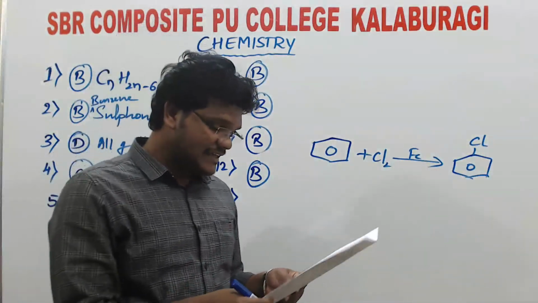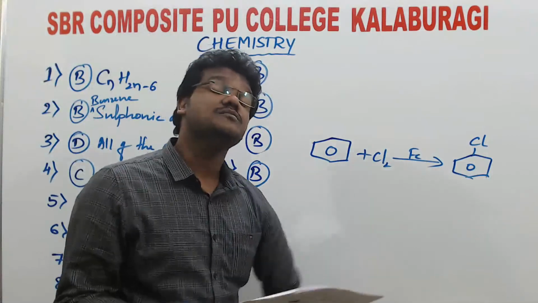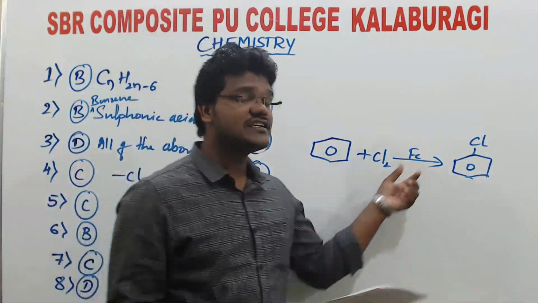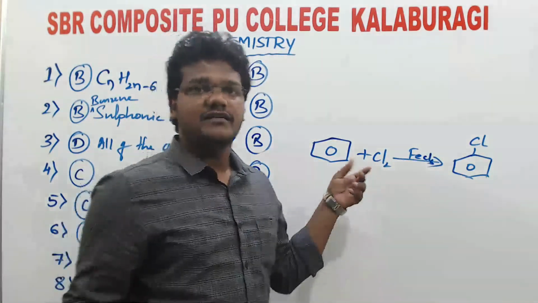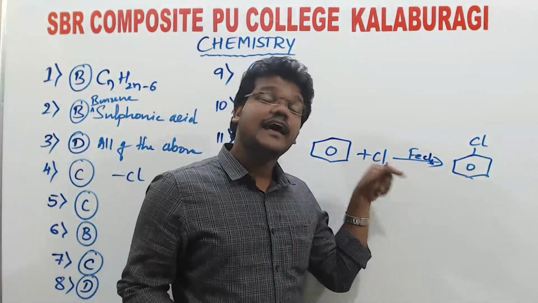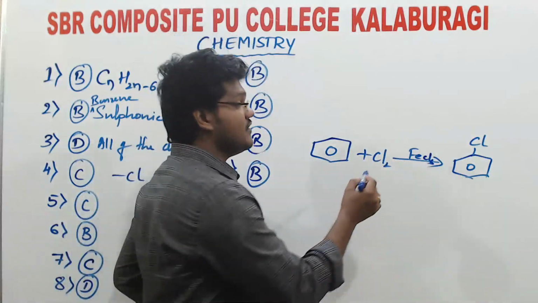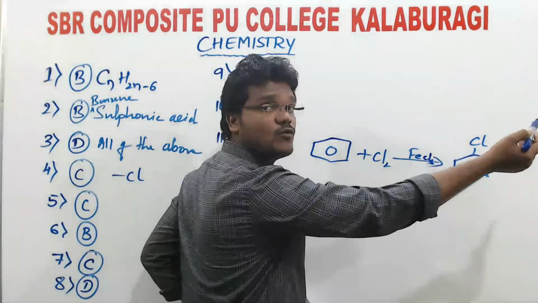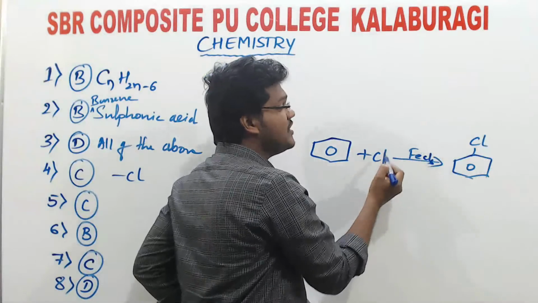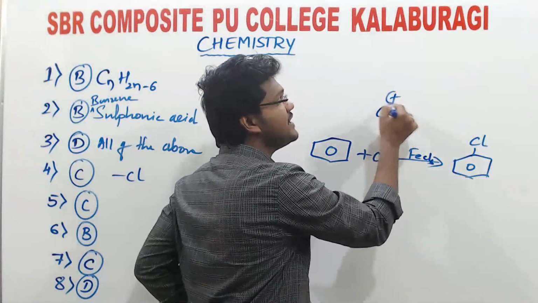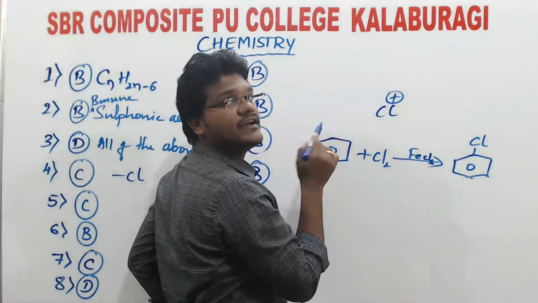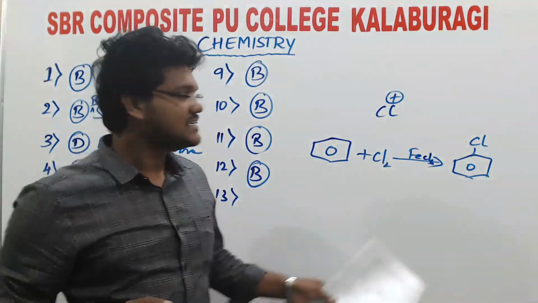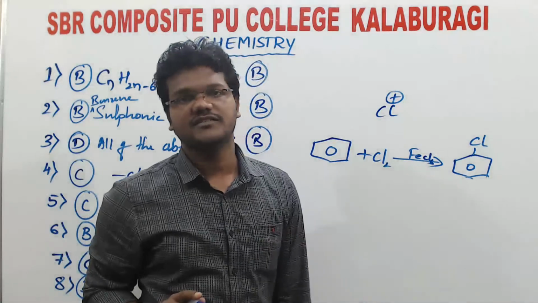What they are asking is, in chlorination of benzene, the reactive species. So I will add a halogen carrier, FeCl3. It acts as a halogen carrier. It withdraws one of the chlorines, and FeCl3 will become FeCl4 minus. Then I'll be left with one chlorine, that is nothing but my electrophile, Cl plus. This electrophile will come and attack any of the six carbons so as to give you chlorobenzene.